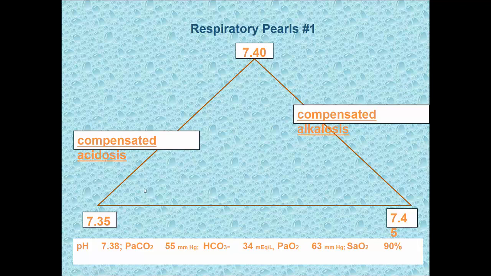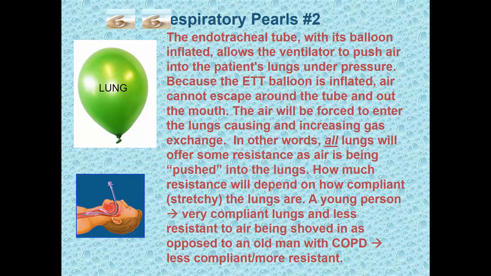If this doesn't make sense to you, then just email me. Again, as long as that COPD patient has a compensated acidosis, in other words the pH is falling in the normal range, somewhere between 7.35 and 7.40, then that patient is considered to be doing okay.